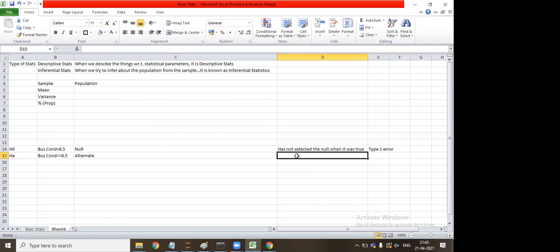Ideally, he should not have believed it. So here, he has not rejected the null hypothesis when it is false, or he has accepted the null hypothesis when the alternate hypothesis is true.